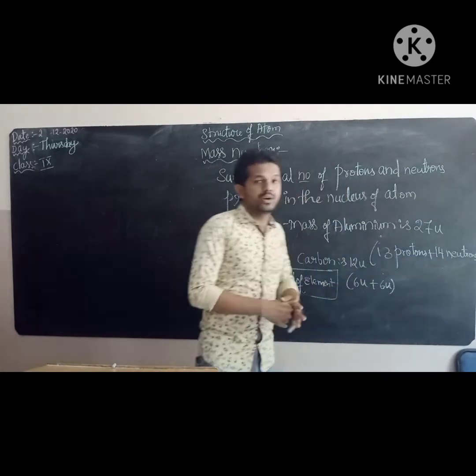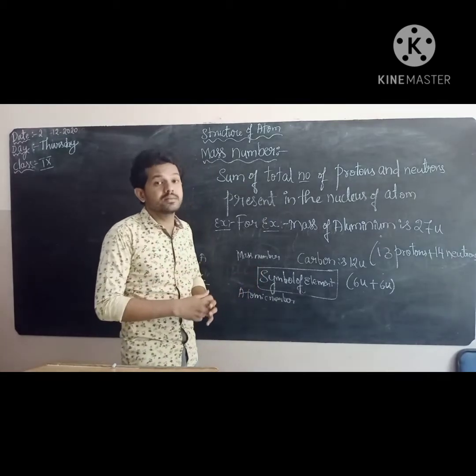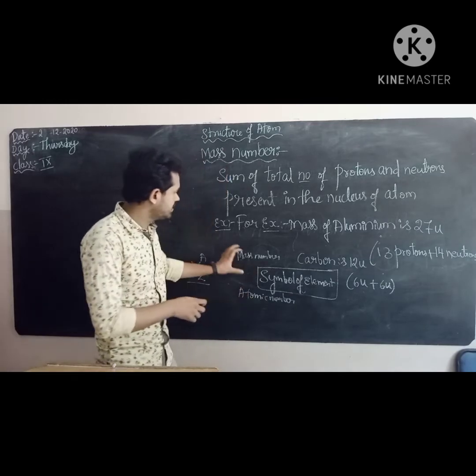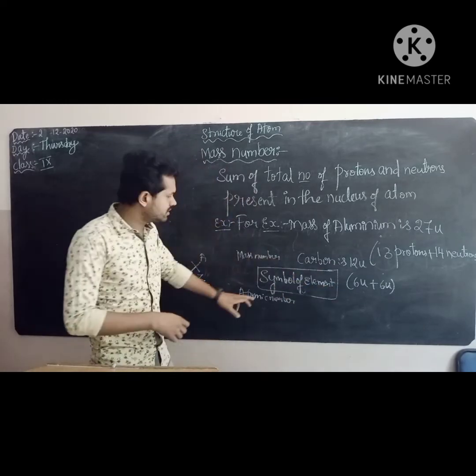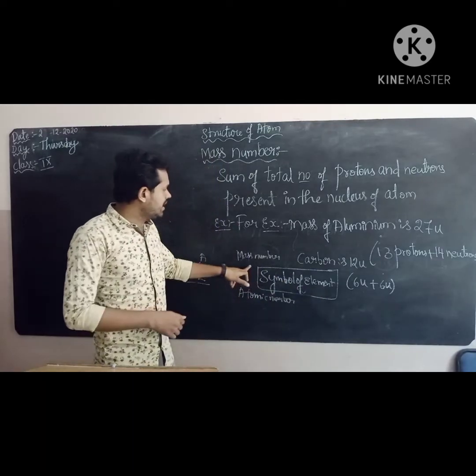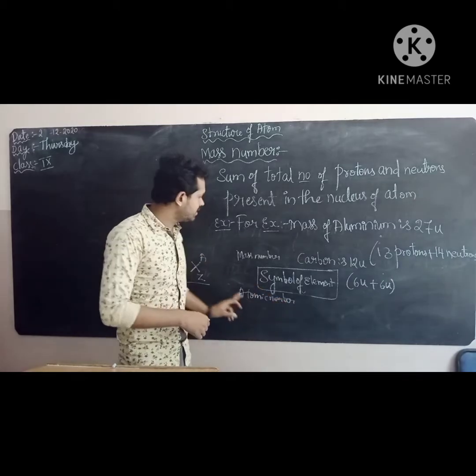neutrons. The mass number as well as the atomic number can be represented by this equation. That is the symbol of an element, a mass number, and an atomic number.